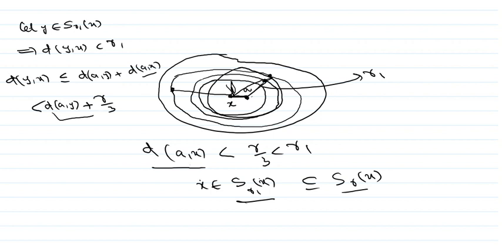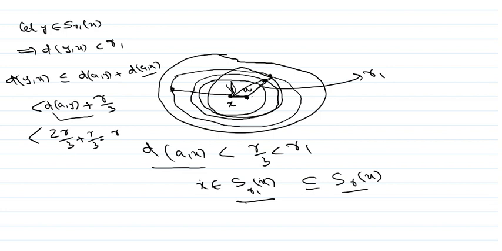Distance between a and y should be less than 2r by 3. I want this to be less than 2r by 3 actually. This should be trivial actually. This should be less than 2r by 3 plus r by 3, okay, that's equal to r.